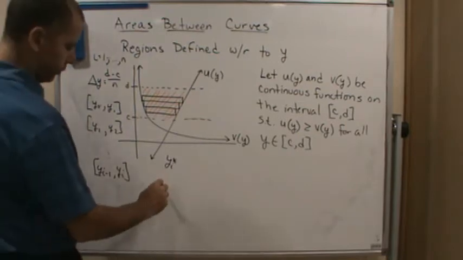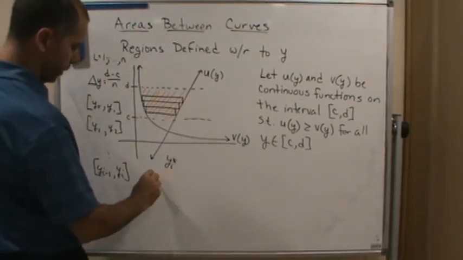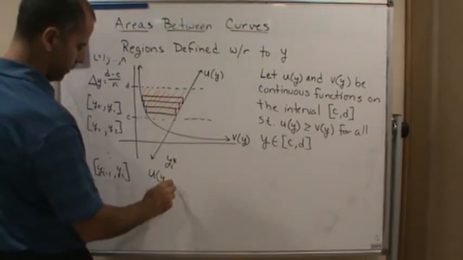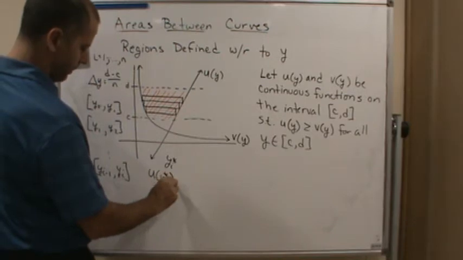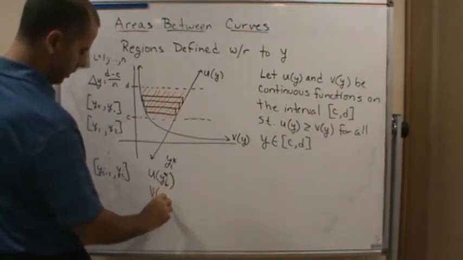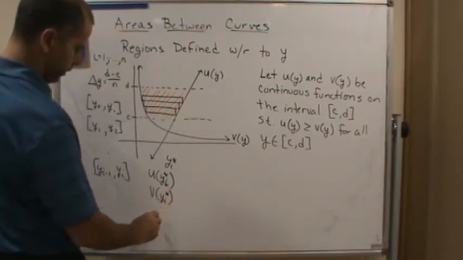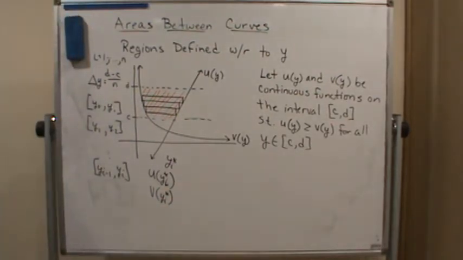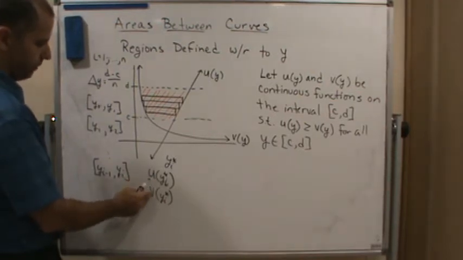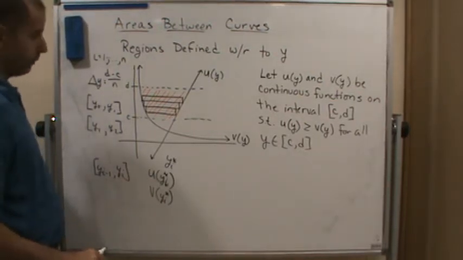And then we're going to evaluate the function. So we're going to use u of y i star and v of y i star. And this is going to give us the top and bottom of our rectangles.